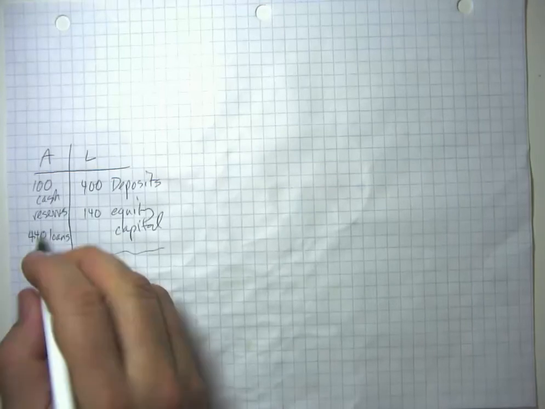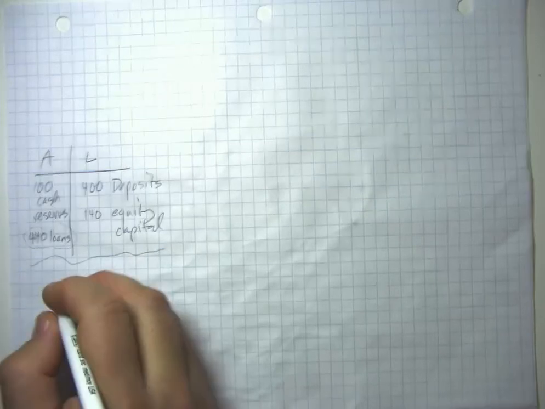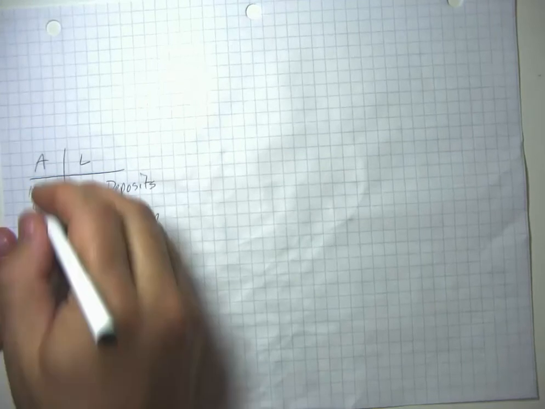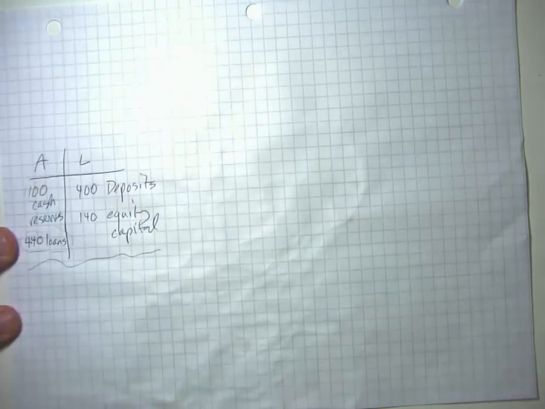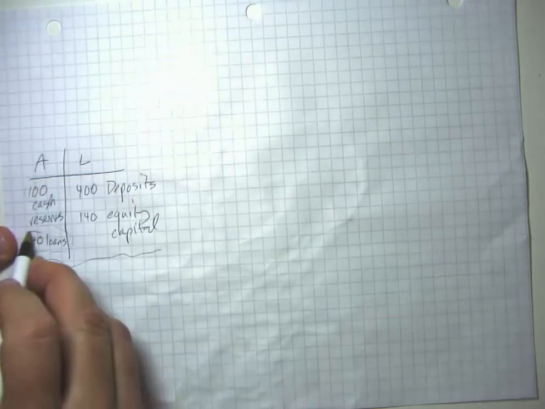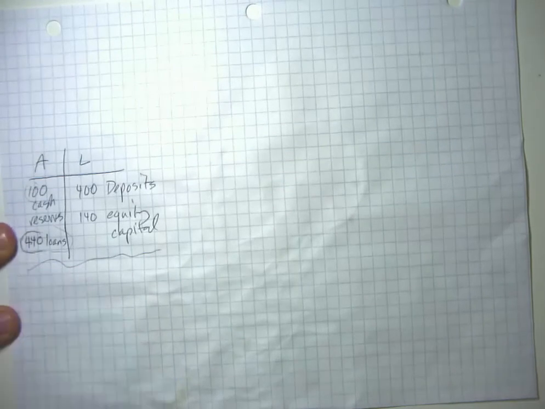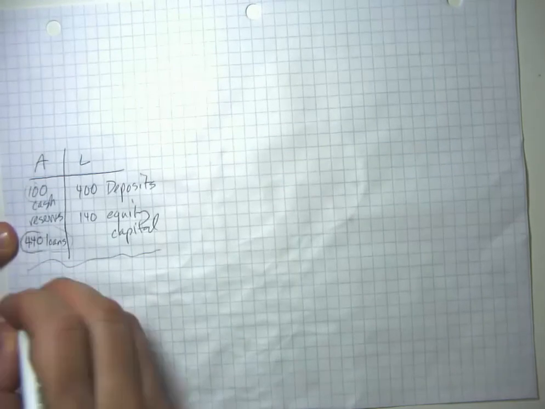In particular, let's suppose that now not all of these loans are going to be repaid. Let's be relatively pessimistic and say that 350 of the 440 is repaid. So at the start of the next period, I have the $100 cash I originally had, plus 350 of the 440 comes back in.